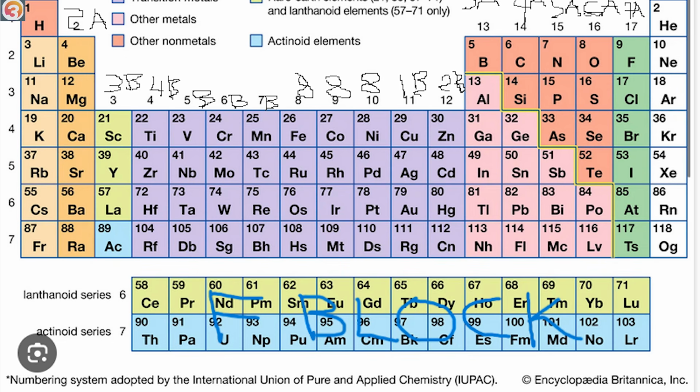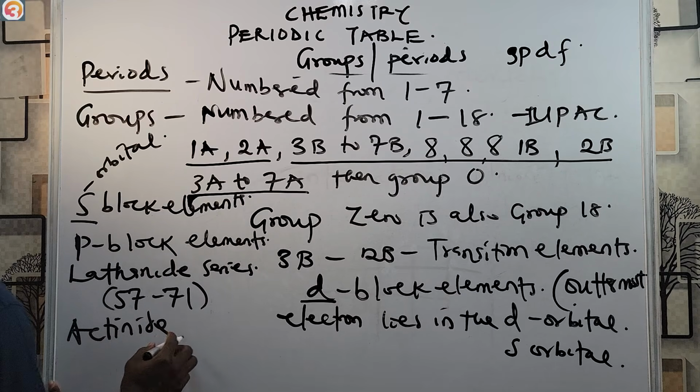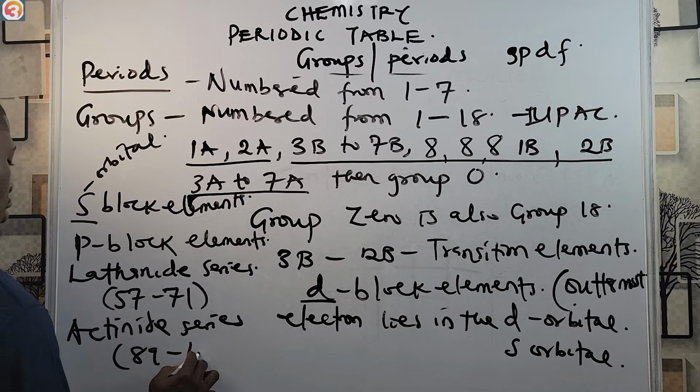This lanthanide series corresponds to elements 57 to 71 in the periodic table. Then we have the actinide series, which corresponds to 89 to 103.